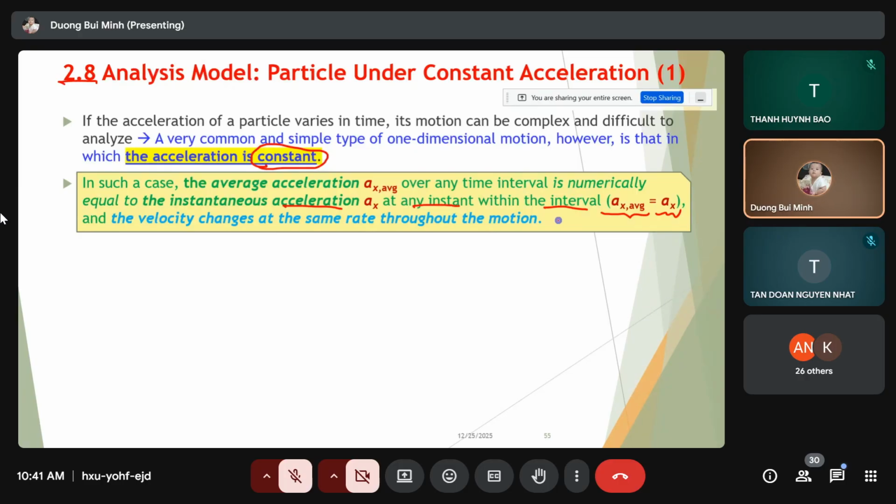Anyway, to be simple for analyzing any physical model, we normally assume that the acceleration is constant, or we can say ax equals ax average.